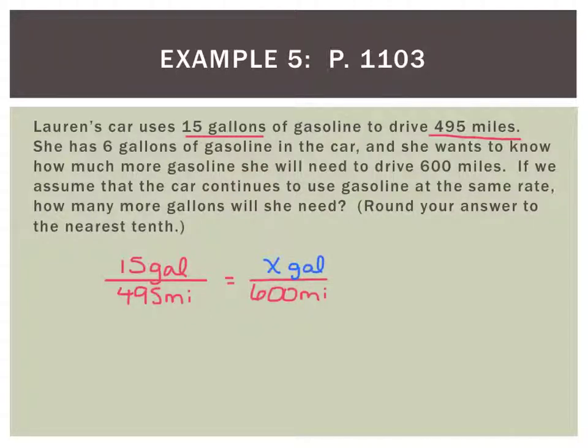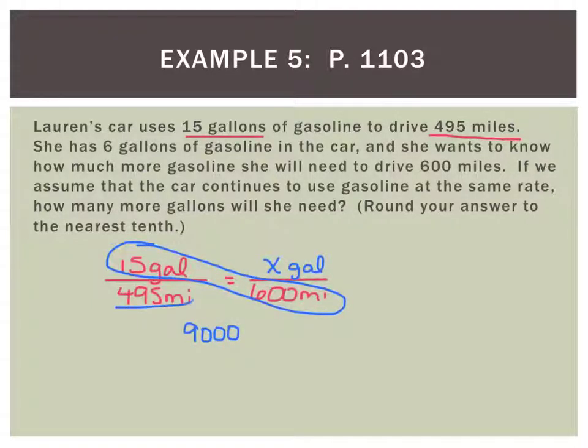Now you have to be careful because she already has some gallons to begin with. So you always have to go back to the question and make sure that you answer what they're looking for. Because in this case, I'm just saying how many gallons total she needs to go 600 miles. So here's a proportion. I'm going to cross multiply. 15 times 600 is 9,000.